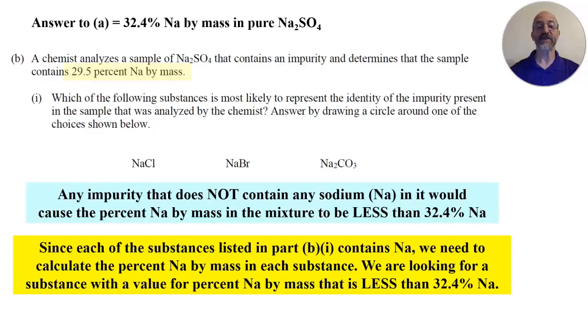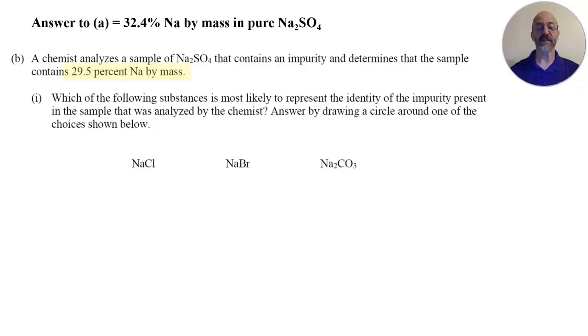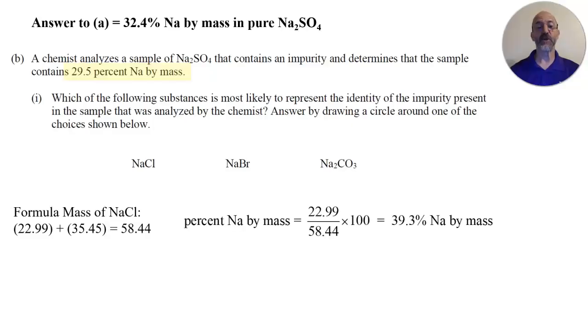We're going to calculate the percent sodium by mass in each of these 3 substances. So sodium is 22.99 on the periodic table. Chlorine is 35.45. The total formula mass would be 58.44. Mass of sodium divided by formula mass would be 22.99 divided by 58.44 and then times 100.